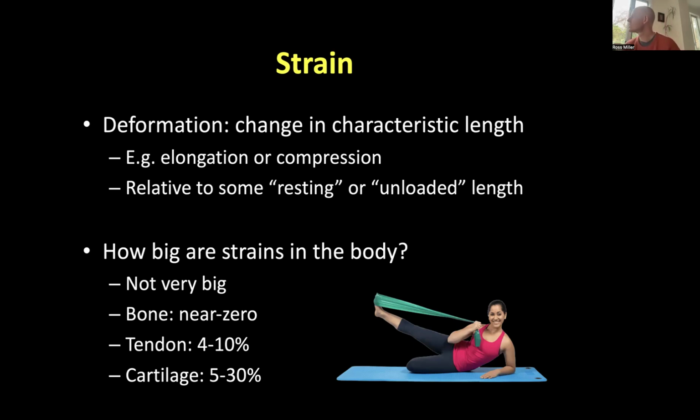Like, let me see if I can find a good example here. I've got this little pear-shaped light up here on my bookshelf. Right now, as it's at rest, it's not being loaded at all. So this would be its default shape. I can then take it and apply forces to it and change its shape. Here I'm applying a load to compress it, to squish it with my hand. And then when I release that load, it unsquishes and returns to its original shape.